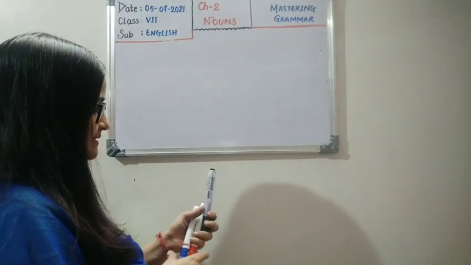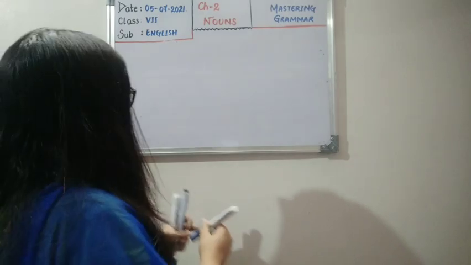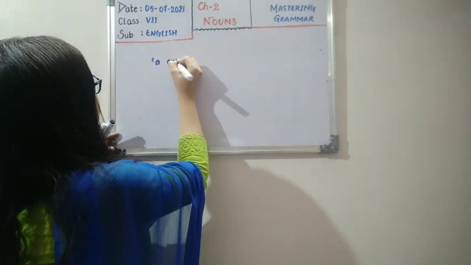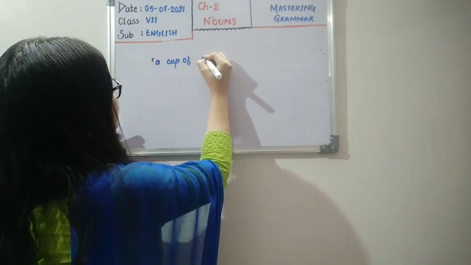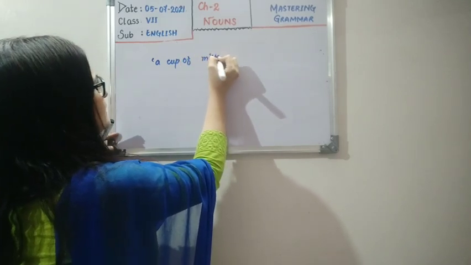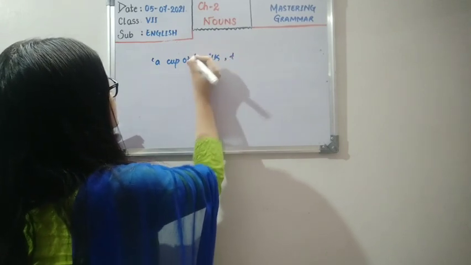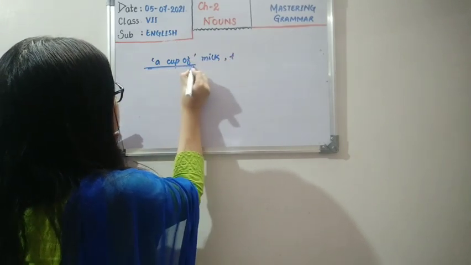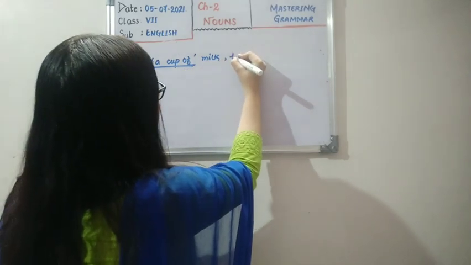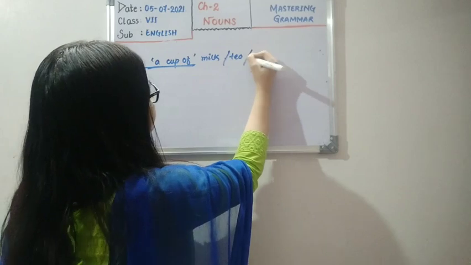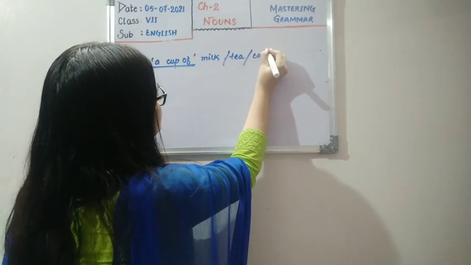So if I am telling you that we can use certain words like a cup of before milk, right? Milk or tea. So this is defining the quantity. We can use this definitely: a cup of milk or tea or coffee.